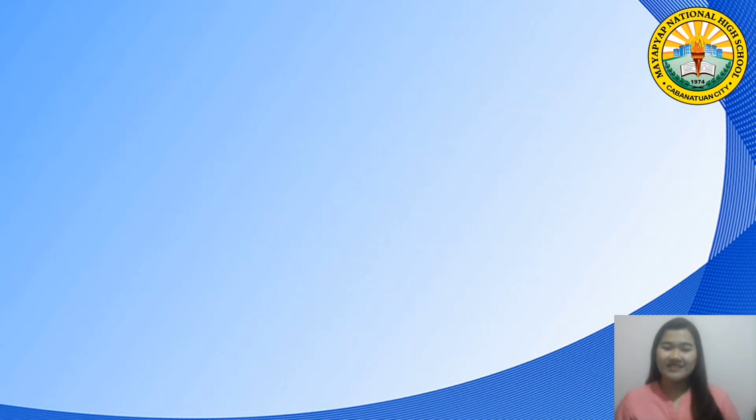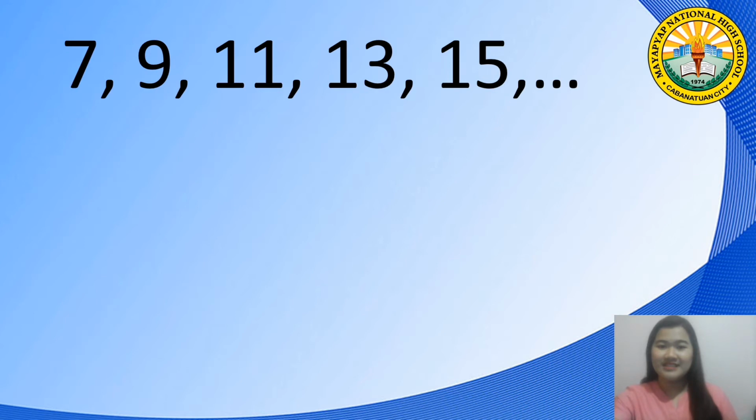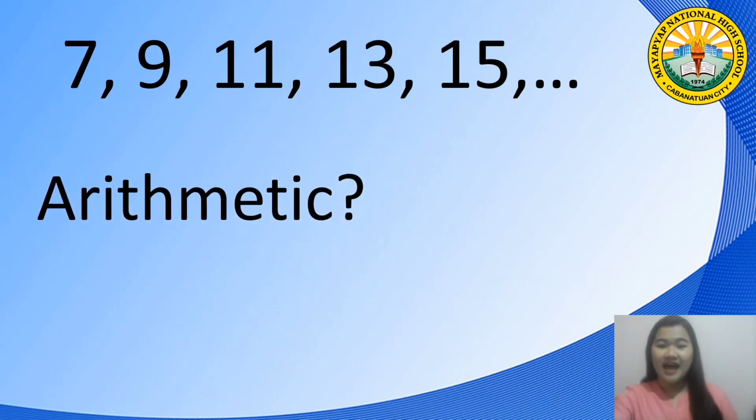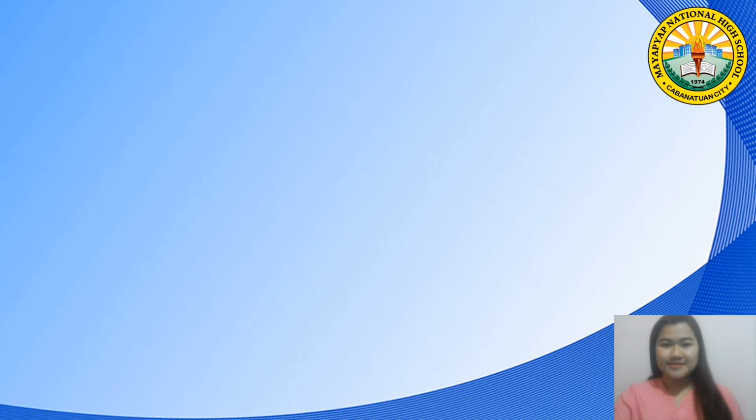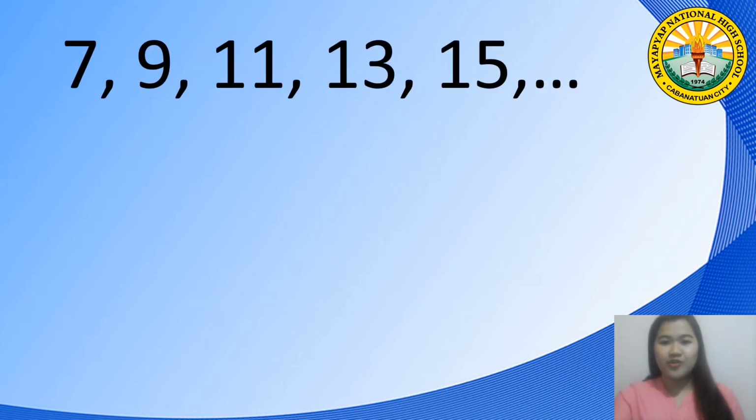For instance, let us identify if the sequence 7, 9, 11, 13, 15 is an arithmetic or a geometric sequence. Try to look if there is a common difference or a common ratio.